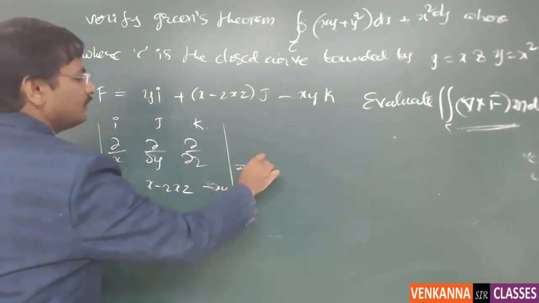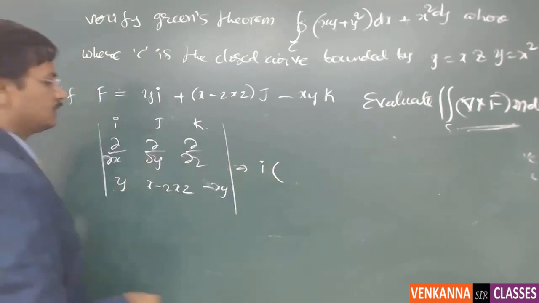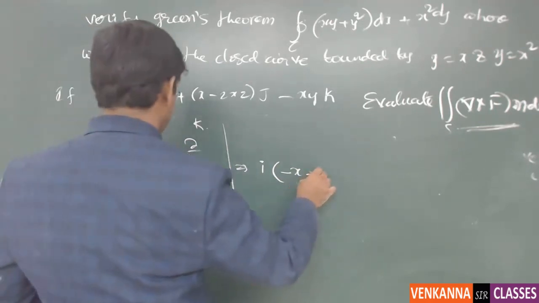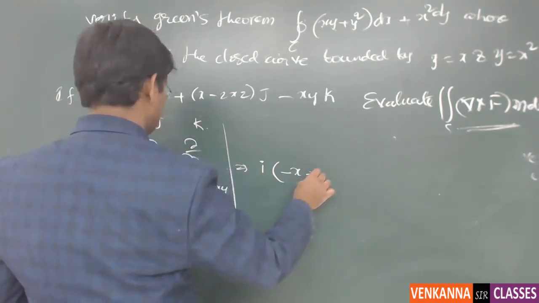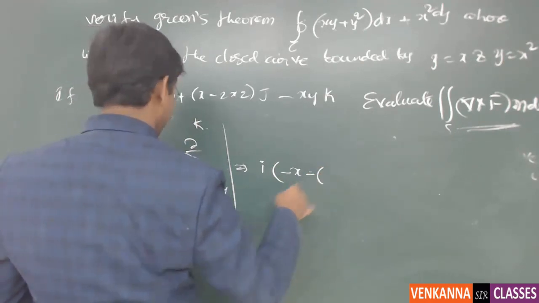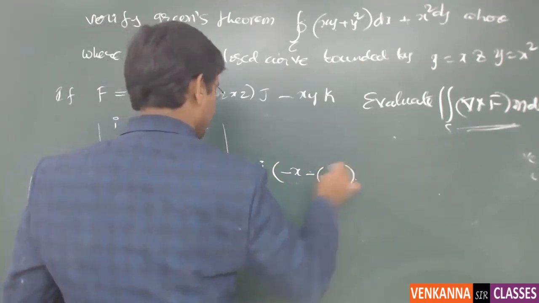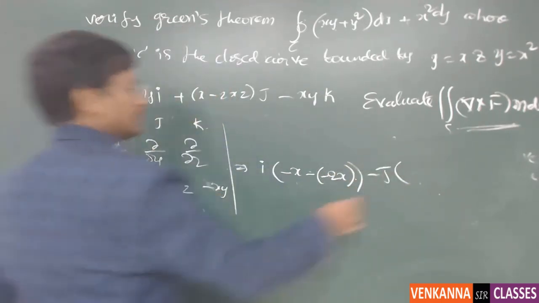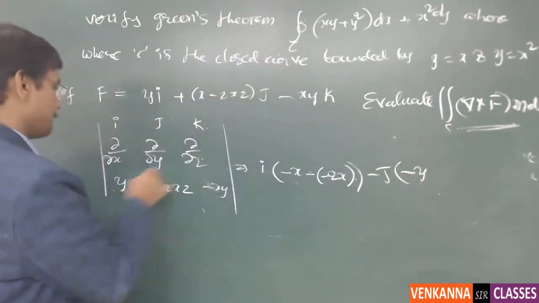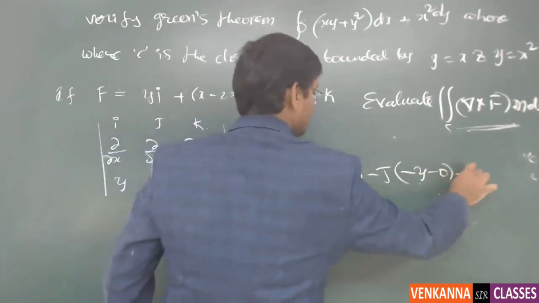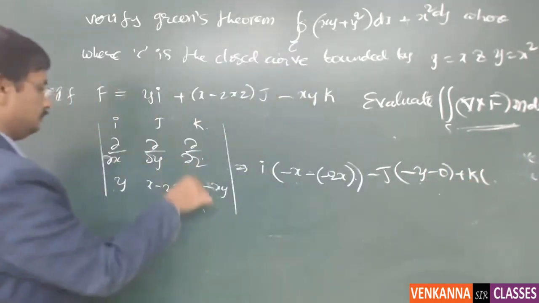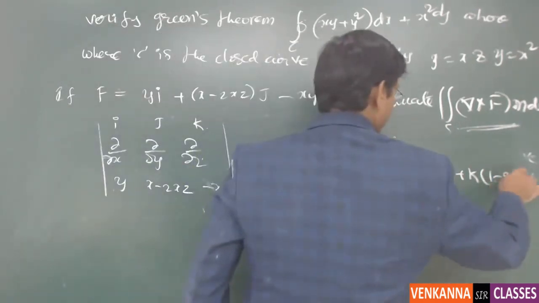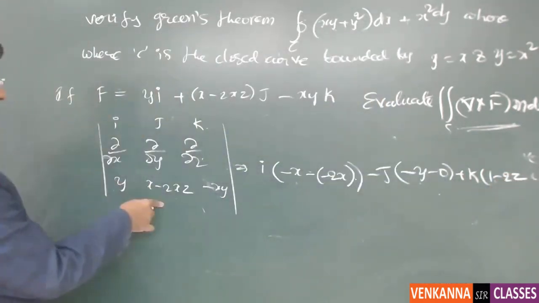So del cross F will be i times (minus x minus (minus 2x)) minus j times (minus y minus 0) plus k times (1 minus 2z minus 1).